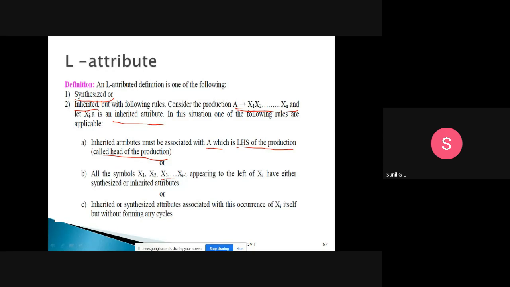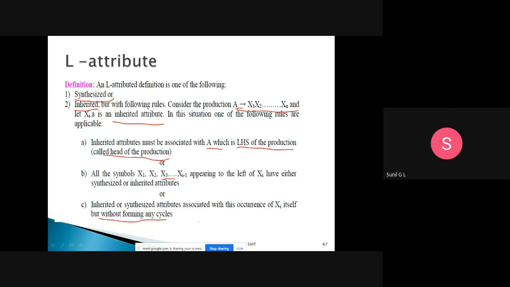Or inherited or synthesized attributes associated with the occurrence of Xi itself, but without forming a cycle. I take the value from my own side, but there is no cycle. That we call an L-attribute definition.